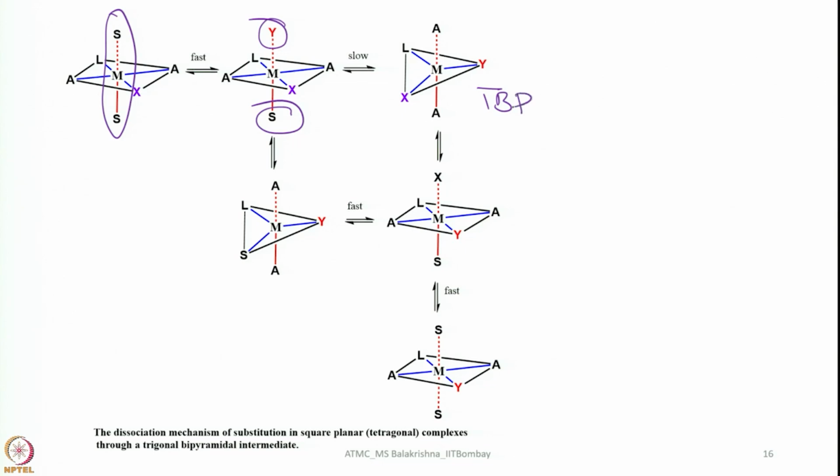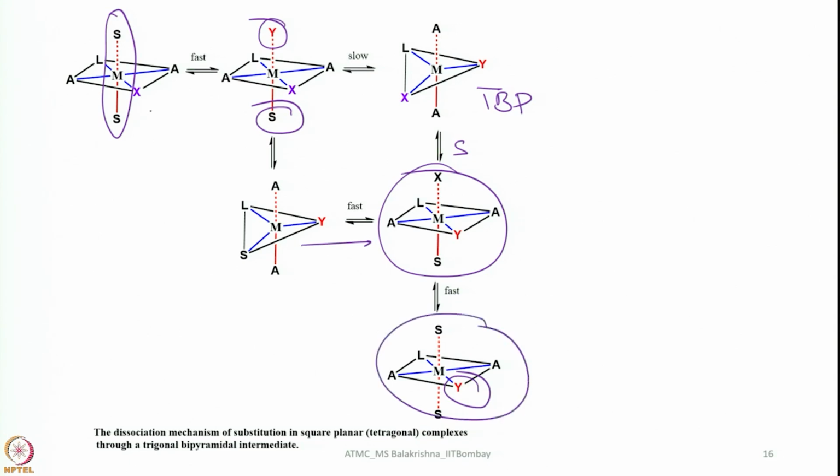This TBP intermediate would rearrange again when solvent comes, and it would have something like this, or it can go from here, and in the first step substitution is completed, it will go back to this one, but having Y in place of X. So this is the dissociative mechanism of substitution in square planar complexes having tetragonal structure, we should remember.